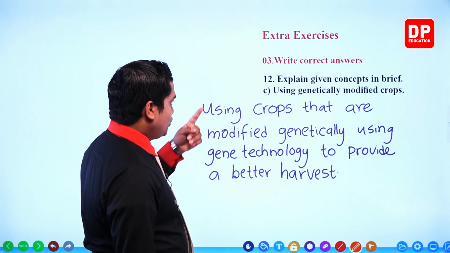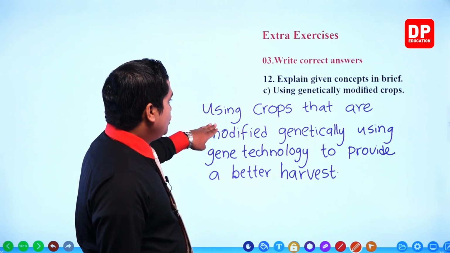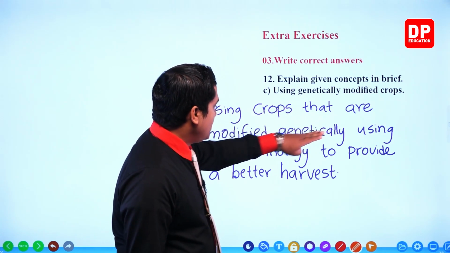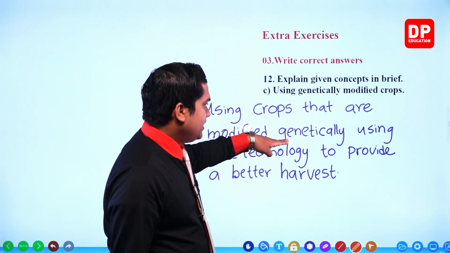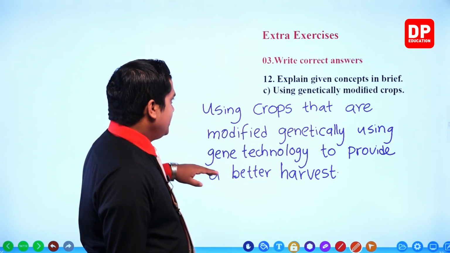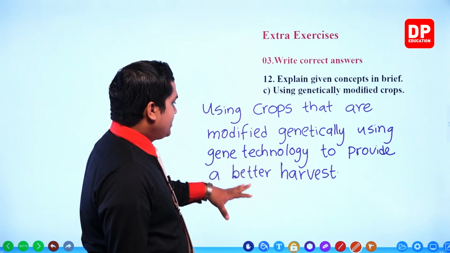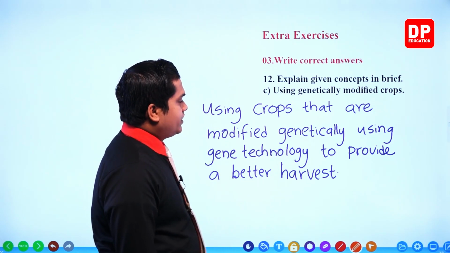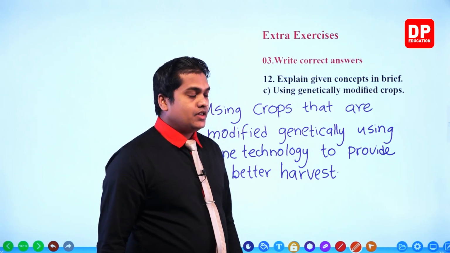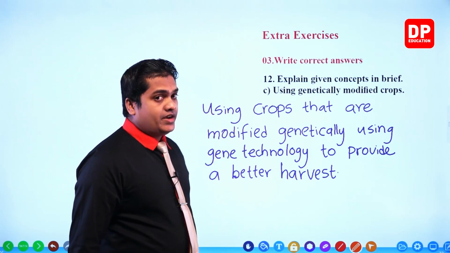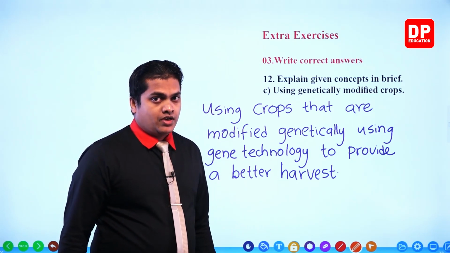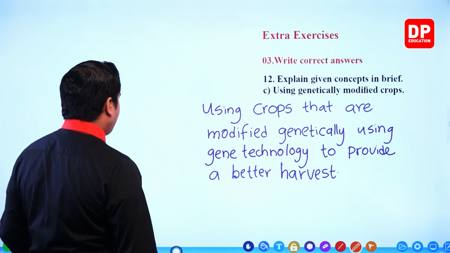Right. So genetically modified crops means using crops that are modified genetically, using gene technology to provide a better harvest. That is what we mean by genetically modified crops, my dear children. Okay. Right. Then the next one.